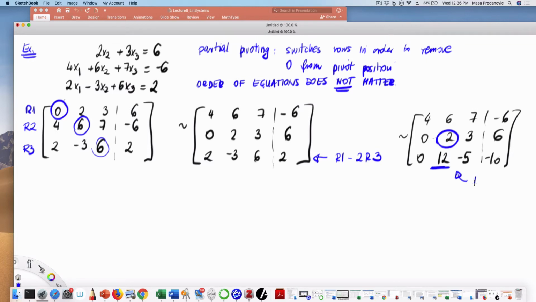So row 2 times 6 minus row 3. Yes? You're not allowed to use row 1? No. What would that do? You can create 4, or this 4 would mess up your zeros here. Which is why we have to switch the pivot element to the second row, because that second row has a 0. Great question.